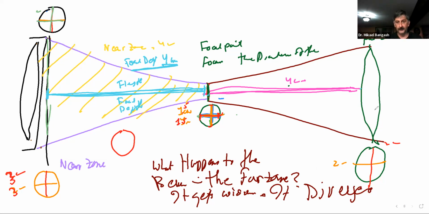If you go further than 4 centimeters, let's say you go to a depth of 6 centimeters from the focal point, you can see the beam diverges even further.